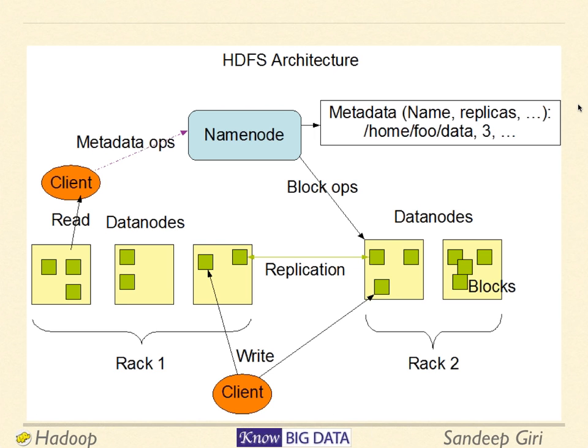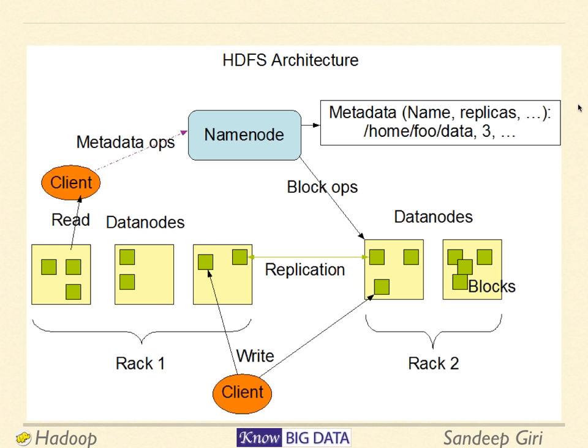Similarly, the name node keeps the name of the file, the name of the block, and also the replication factor. In most cases, you want your file replicated multiple times, so that if one of the nodes is not functioning correctly, you are still able to recover your data.